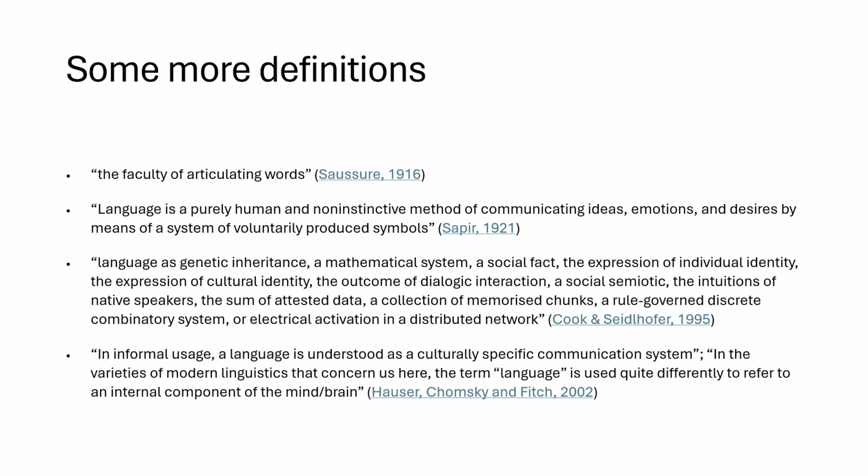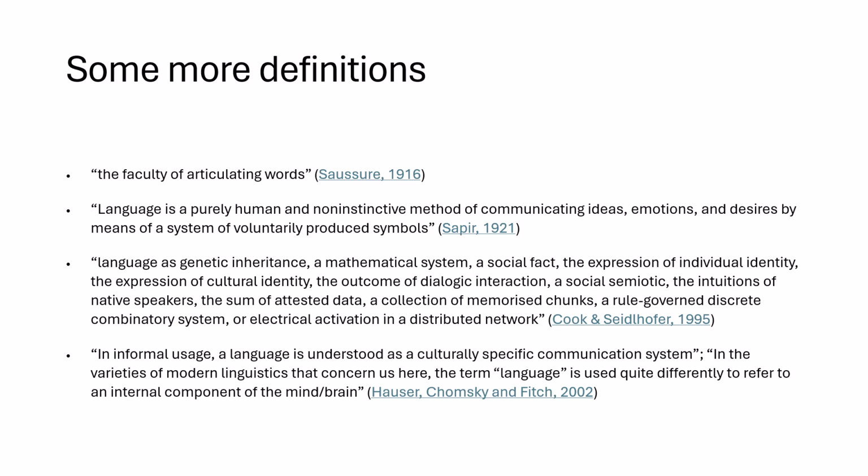So let's look at another definition. Also, Chomsky and Fitch, 2002. It says, in informal usage, a language is understood as a culturally specific communication system. In the variety of modern linguistics that governs us here, the term language is used quite differently to refer to an internal component of the mind and brain.